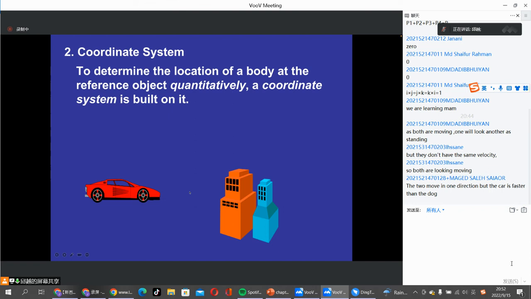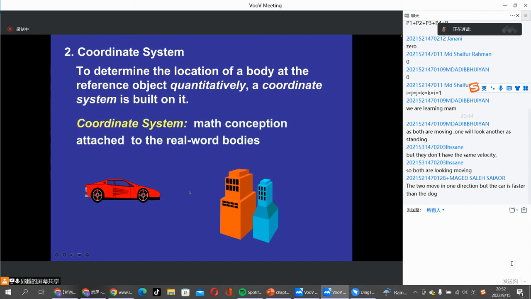Then you build a coordinate system on it. So coordinate system is a math conception attached to the real world bodies. We can choose a reference frame like a car, a building, or other things, and build a coordinate system on it.